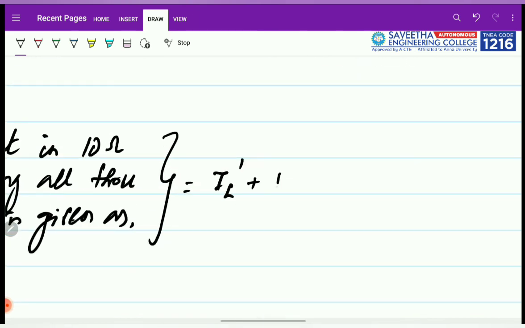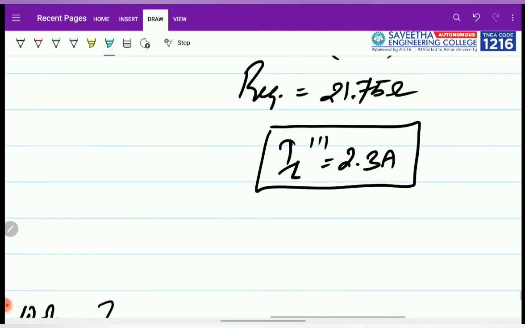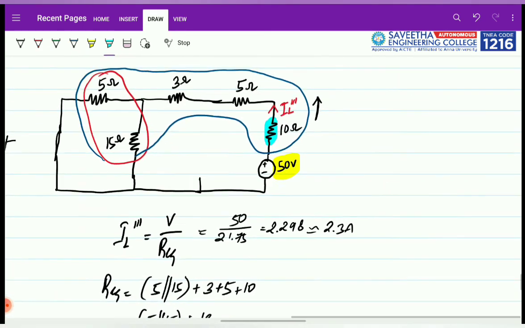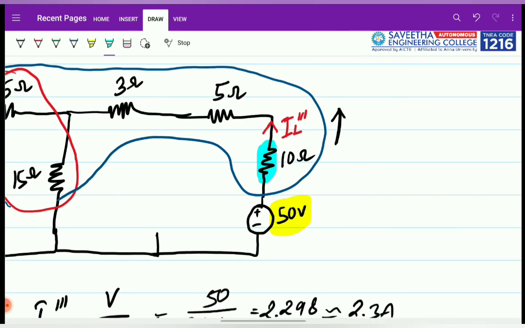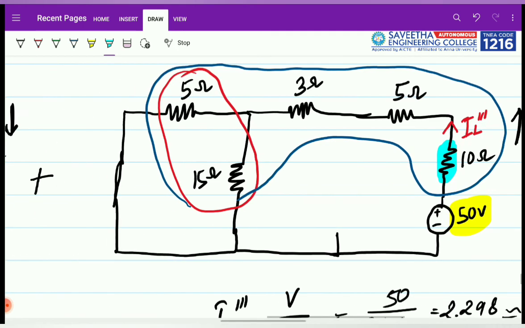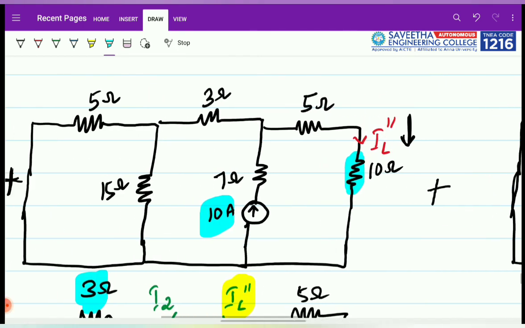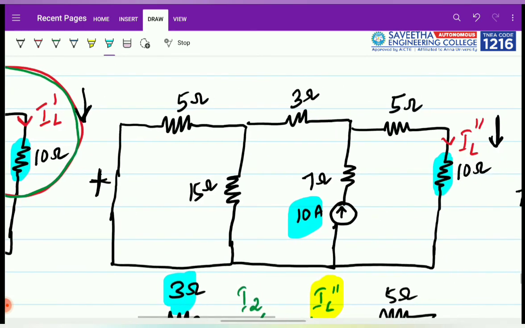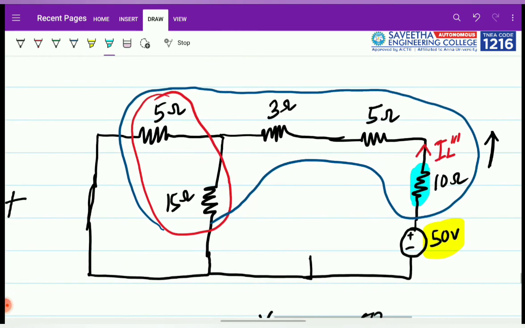IL dash plus IL double dash minus IL triple dash. The reason why I put a minus here is because the direction of the current in the third circuit is actually opposite to the currents considered in all the other cases, because you can see this current IL triple dash is going from bottom to top, but in the other cases it is from top to bottom. So the same directions will be added and the different direction will be subtracted.